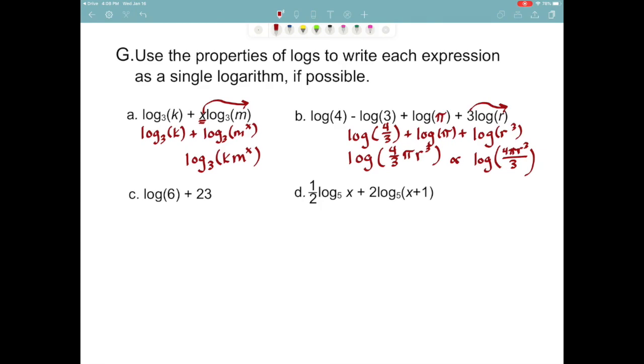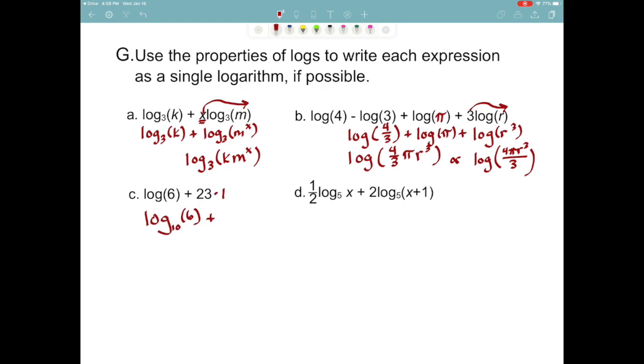C is one that's a little bit tricky here. You see you have log base 10 of 6 plus 23. Now 23 doesn't have a log on it here, but you can think about this as being, and I'm going to write the little 10 here just for a moment so that I can illustrate something. Log base 10 of 6 plus, well, 23 is the same thing as 23 times 1.